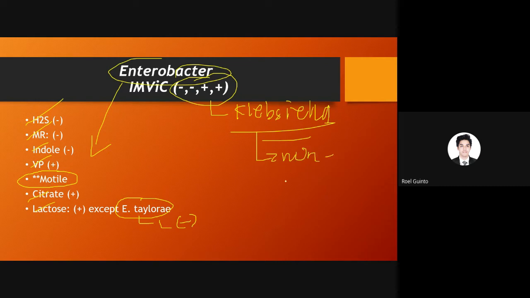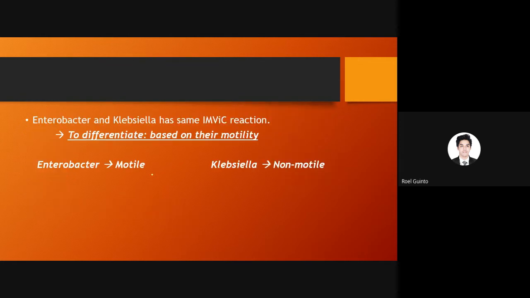Tatandaan natin, baka lumabas sa board exam. Paano i-differentiate si Enterobacter and Klebsiella? We need to perform motility testing. Again, Enterobacter, motile, Klebsiella, non-motile. Next. So, naka-indicate na rin pala dito yung kanilang different reaction sa ating testing.